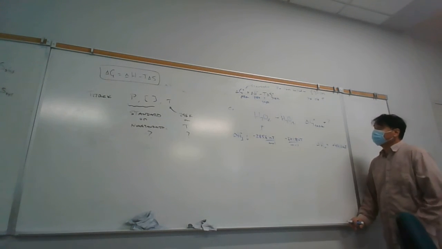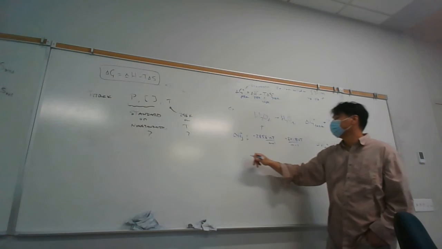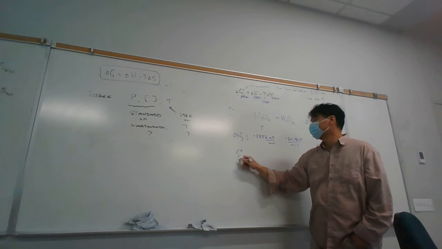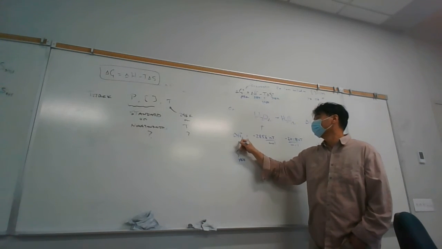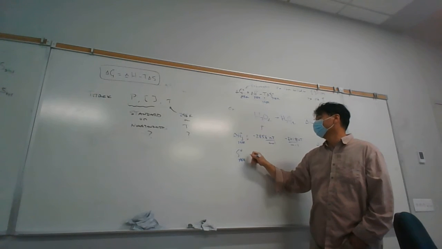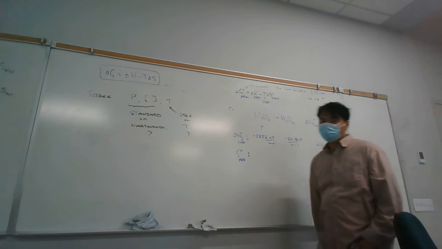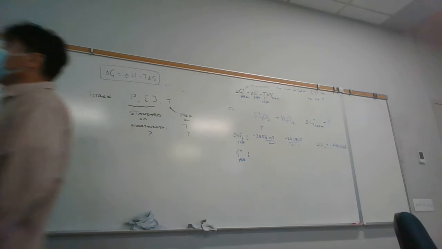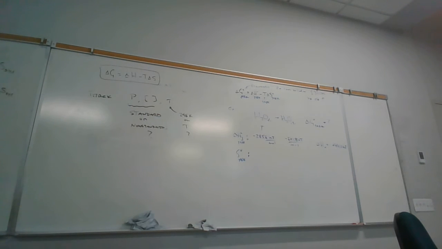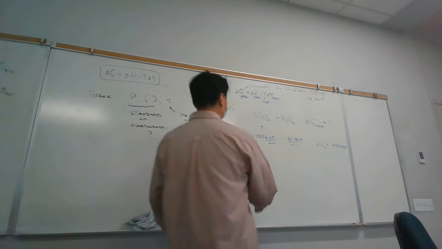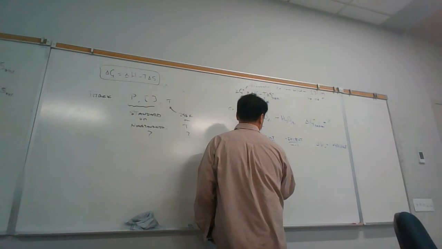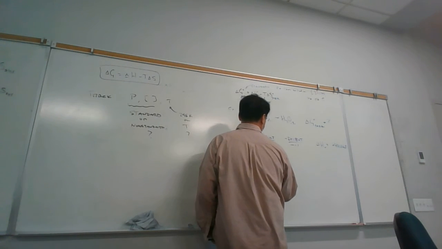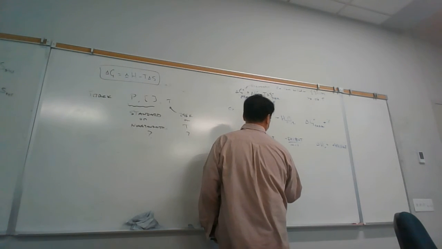All right, and then what else do I need? I need my delta S. So let's look at the absolute entropies at 298 Kelvin. The entropy of H2O liquid is the third column, 69.91 joules per mole Kelvin.